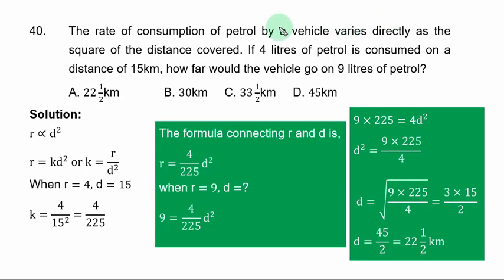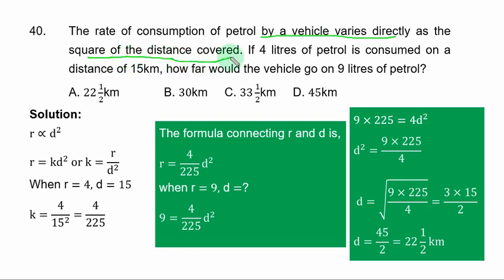Question 40. The rate of consumption of petrol by a vehicle varies directly as the square of the distance covered.